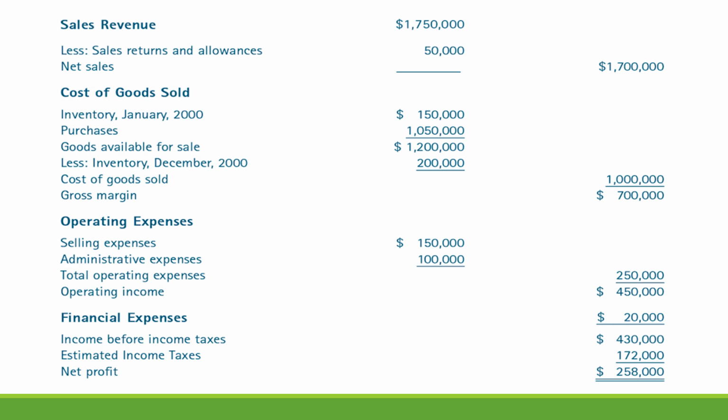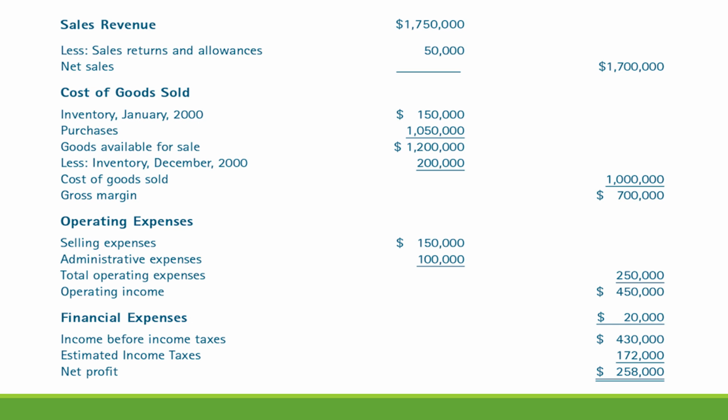Sales revenue, cost of goods sold, operating expenses, financial expense. Every time a business sells a product or service, it obtains revenue. Revenue is often referred to as either gross revenue or sales revenue.